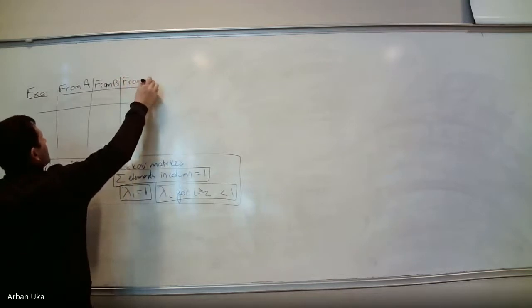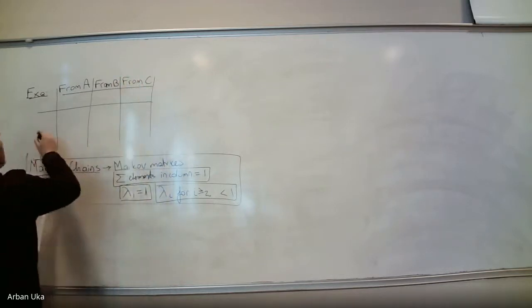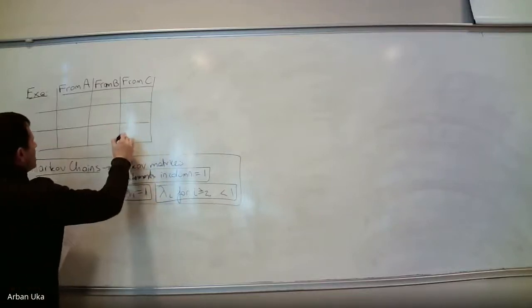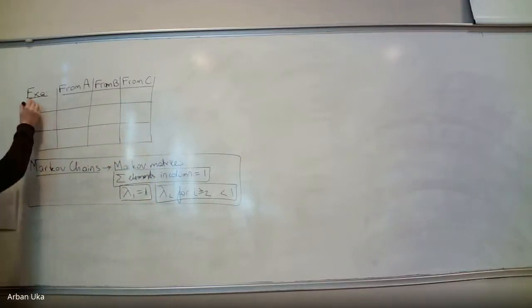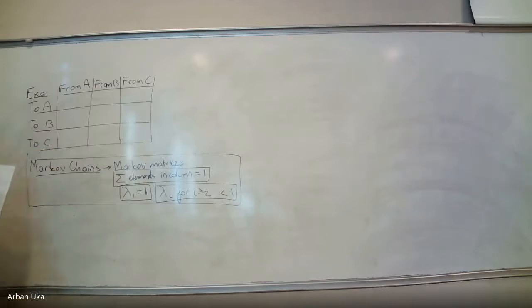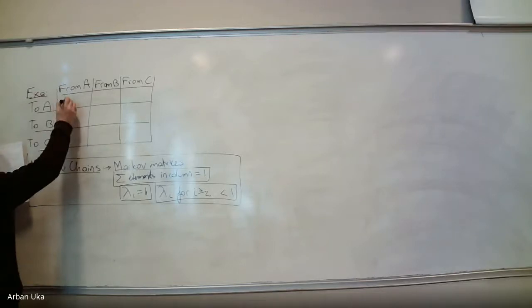Let's assume that we have some customers, they move away from Company A and they go to B or to C. In this case, let's assume that Company A can keep up with its own customers.